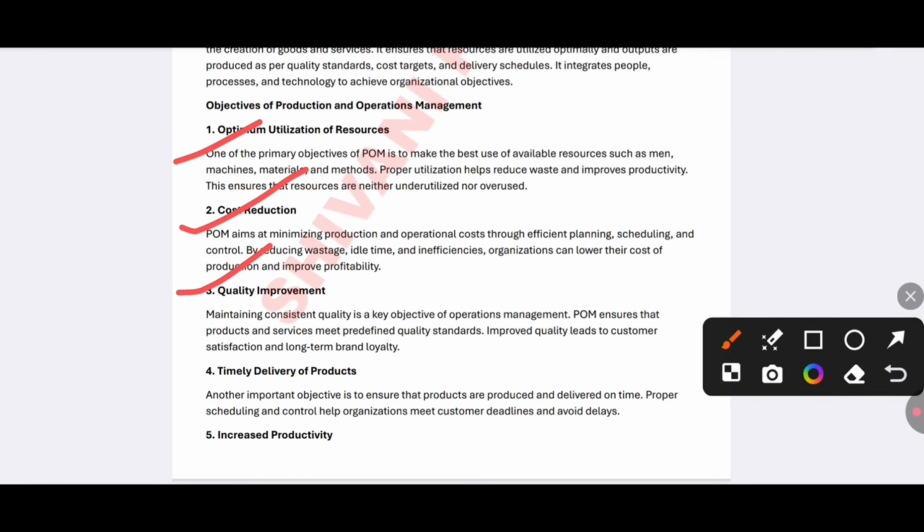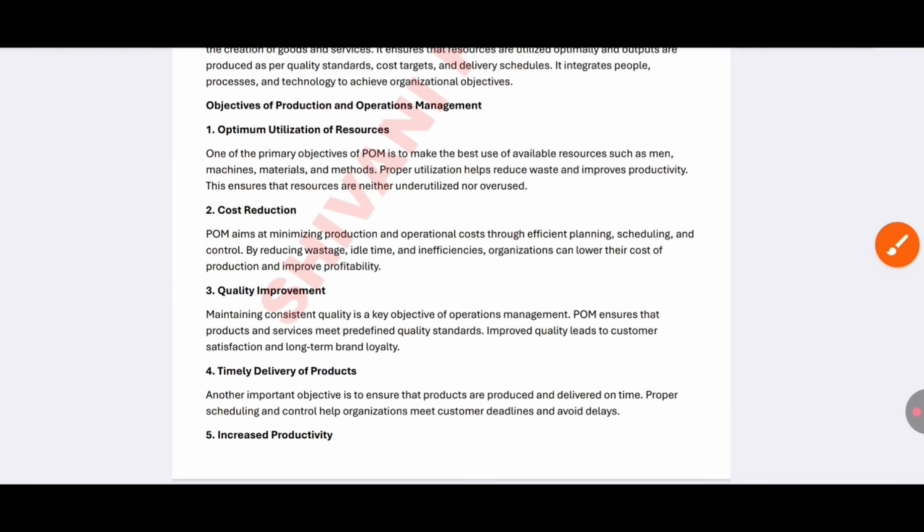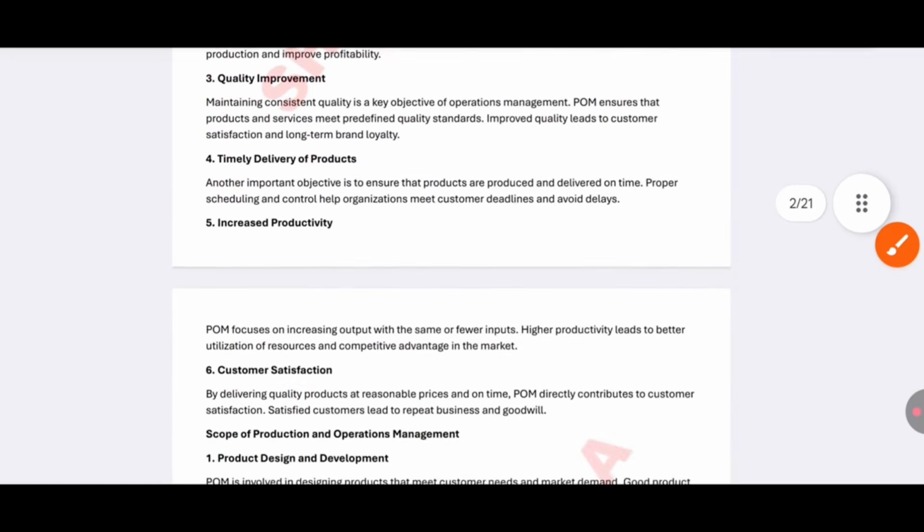With the help of production and operations management, organizations can maintain the quality of goods. For example, brand loyalty and customer satisfaction help to get the brand quality. So quality is very important in operations management.